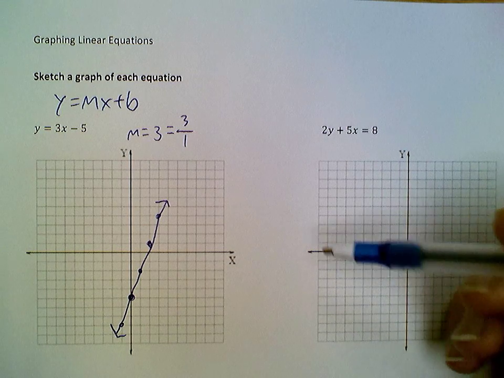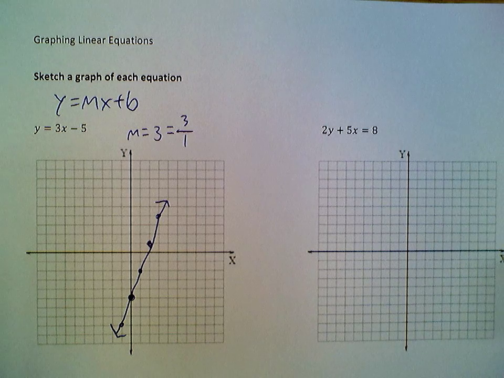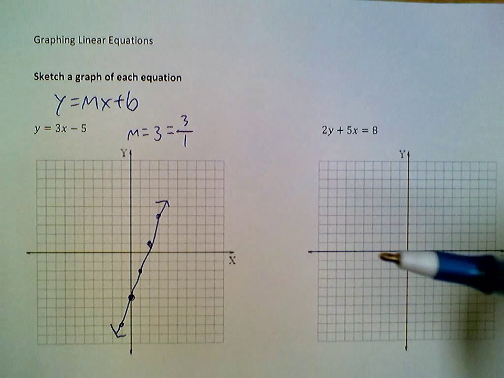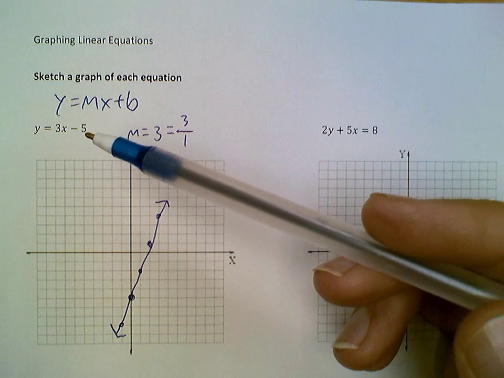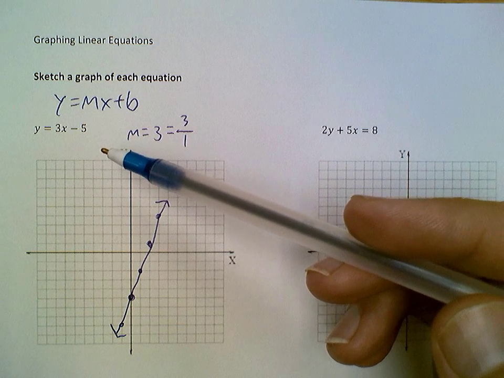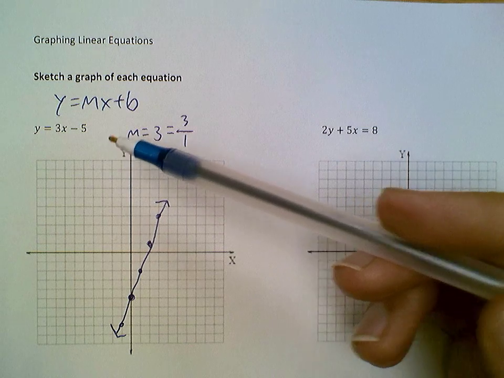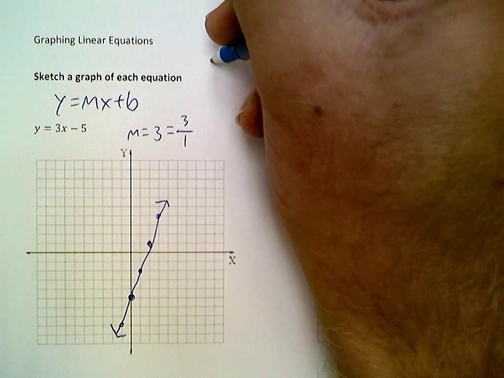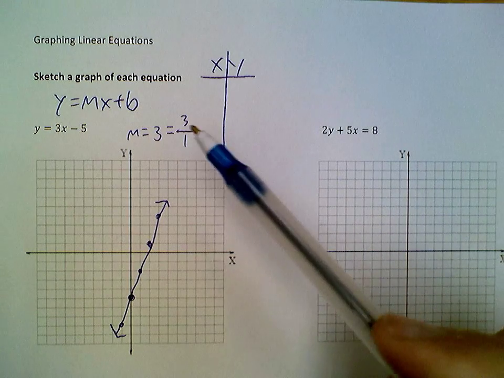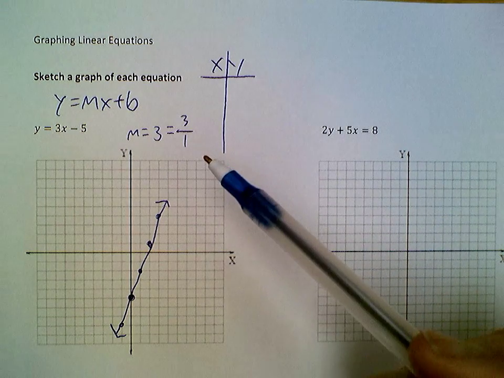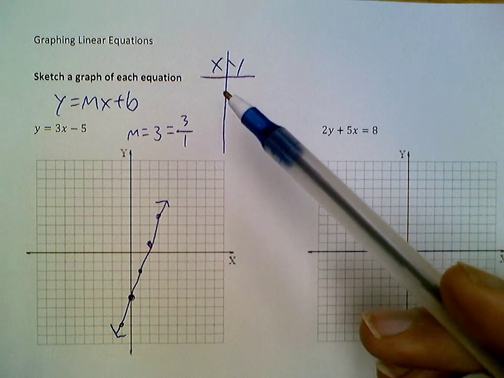Now another option you always have when you're graphing any sort of equation is to make an XY chart. So suppose you're trying to graph this equation, but you don't remember slope-intercept form. You can always just make an XY table and plug points in. You just pick out random points, whatever points you want to.